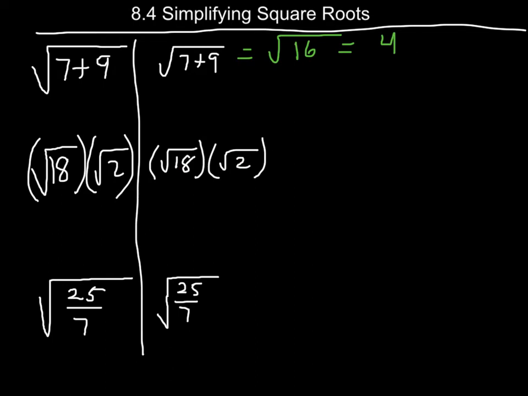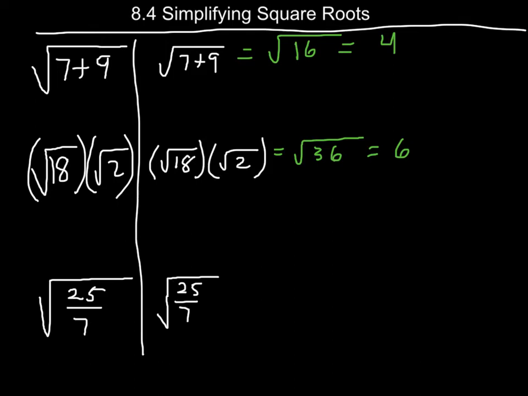So that's going to be equal to the square root of 18 times 2 is 36, which is equal to 6. Okay, so that's perfectly okay.